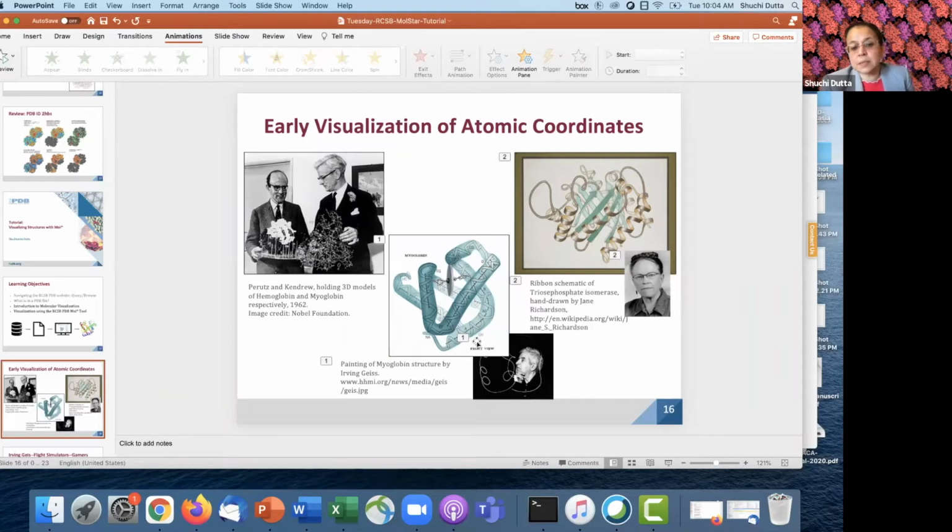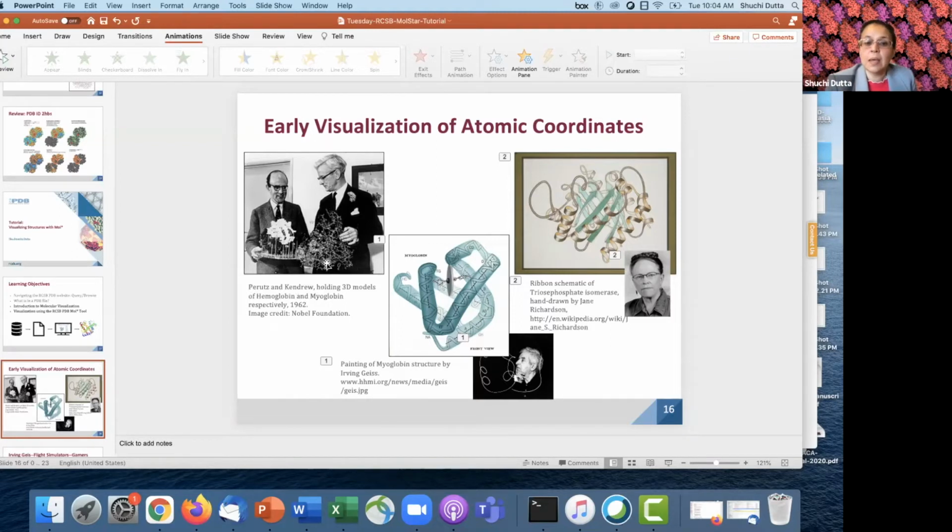So this is Irving Geis's representation of myoglobin, where he's only showing the backbone atoms in this squiggly coil-like form. And in this disc-shaped representation, he's representing the heme group, and he's highlighting the two histidines that hold that heme group in place. This sort of representation allows the viewer to understand what is going on in this molecule without getting overwhelmed by a huge number of atoms and sticks.